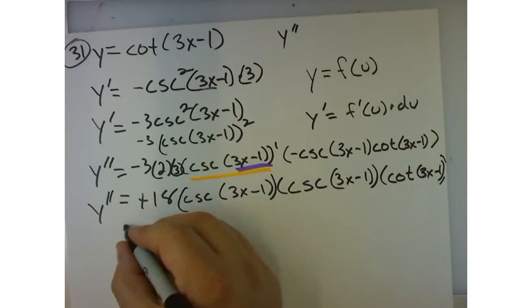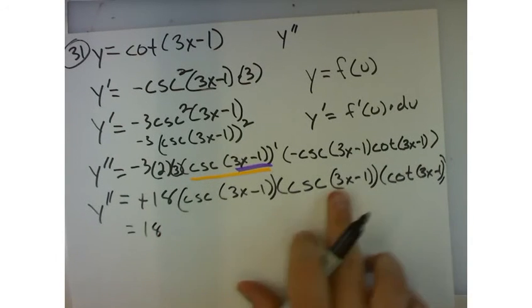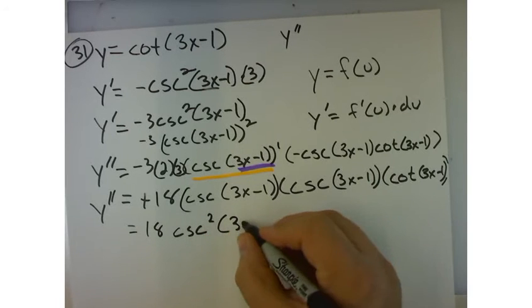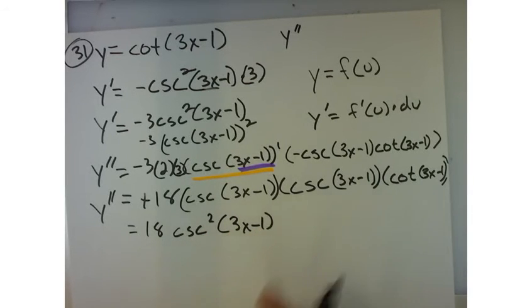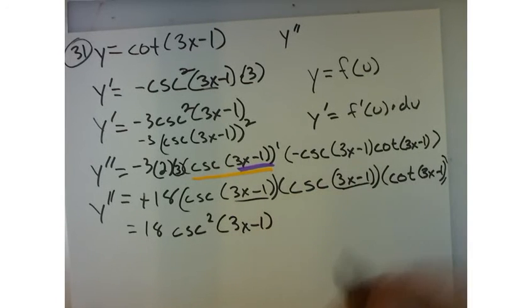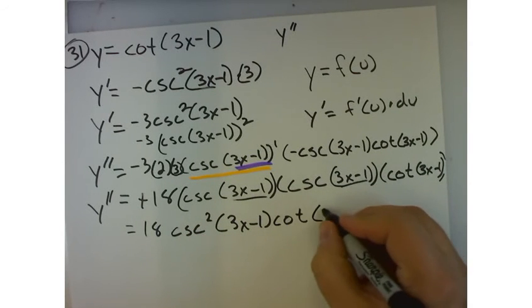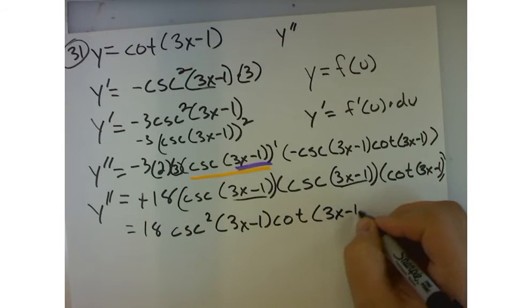Now, what that means is I have cosecant times cosecant, which is cosecant squared. I can do that only because they have the same stuff on the inside, the same angle. If this angle was different than this angle, then I couldn't square them up. Times cotangent of 3x minus 1.